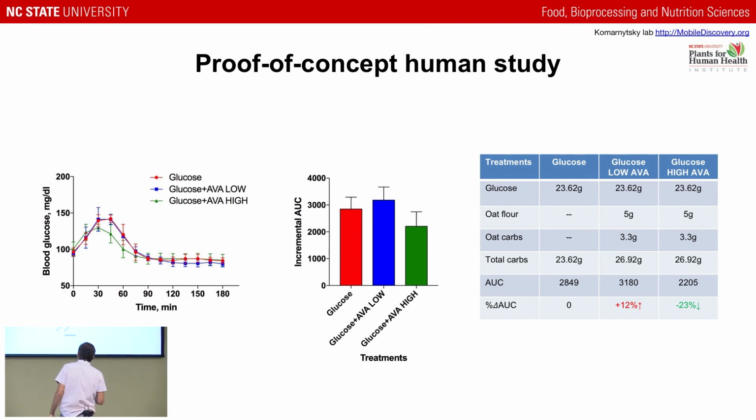There is a slight increase here, so if you look overall at the area under the curve, you'll see a 12% increase, and that additional carbohydrate comes from the oat flour itself because it has carbohydrate. So it makes perfect sense.